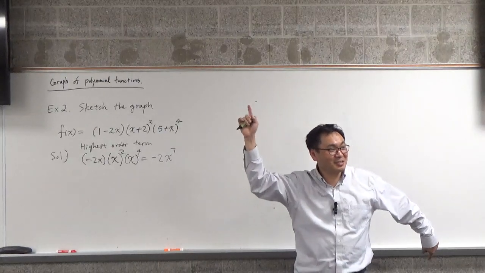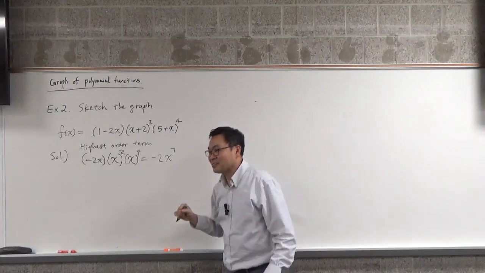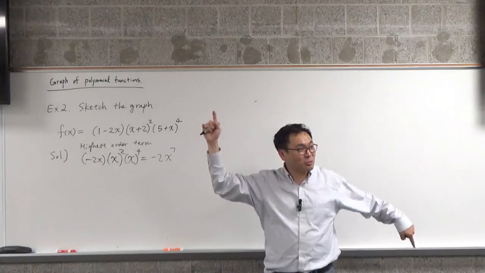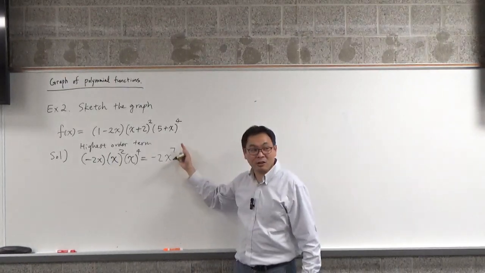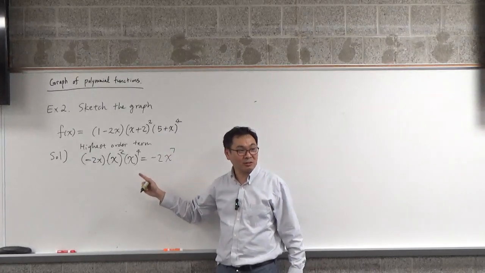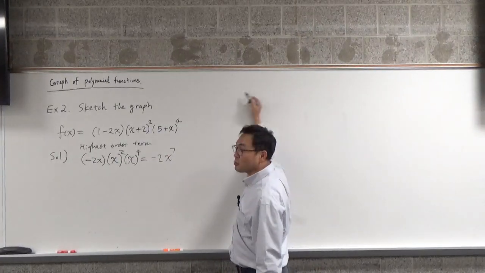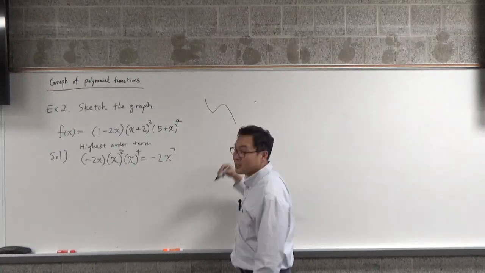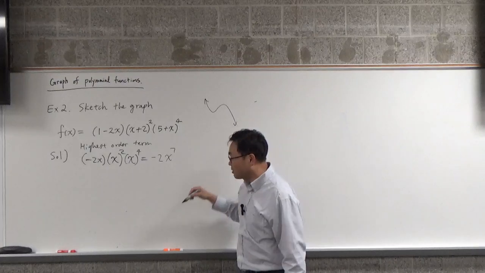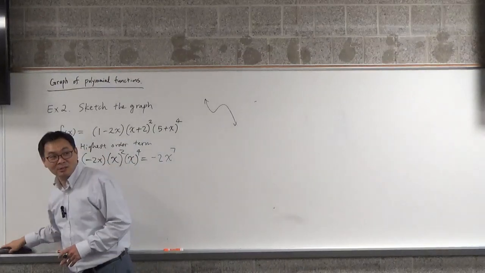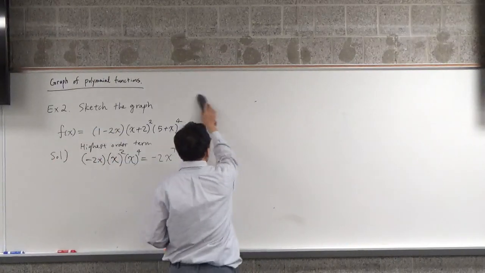Because it's like the cubic curve with the minus in the exponent, right? For the cubic curve, when you have a negative coefficient, it's like that, right? So the end behavior must be that one. Agreed?